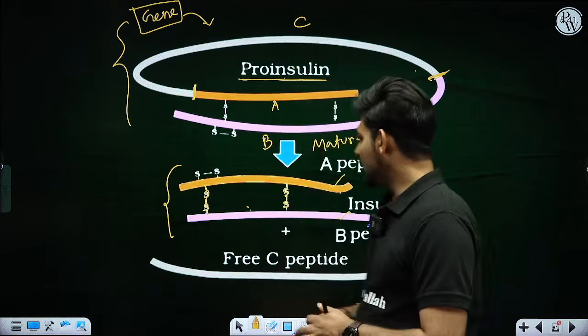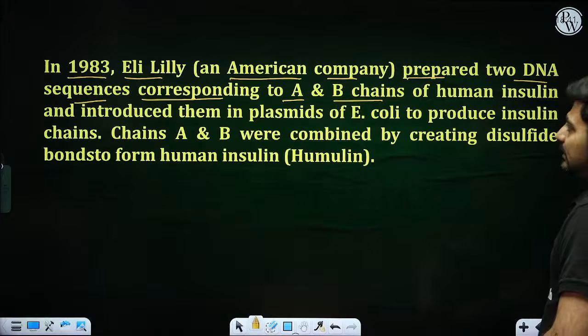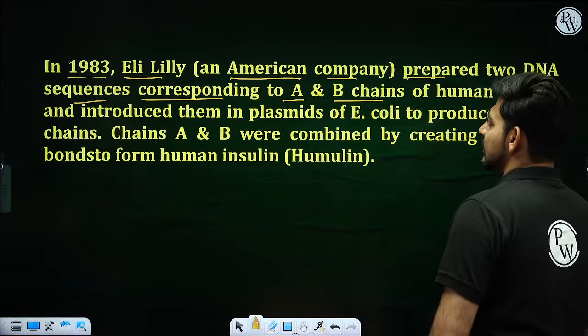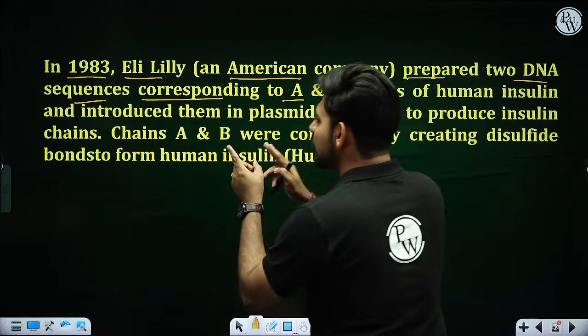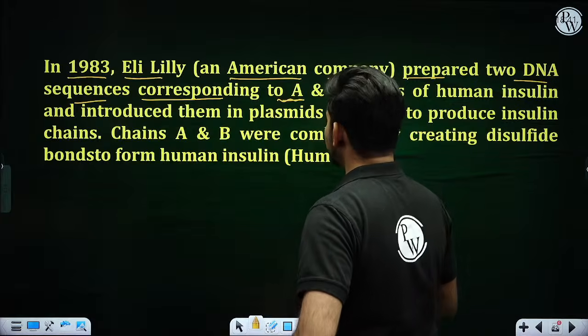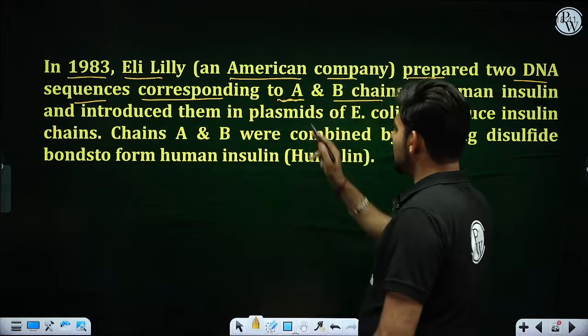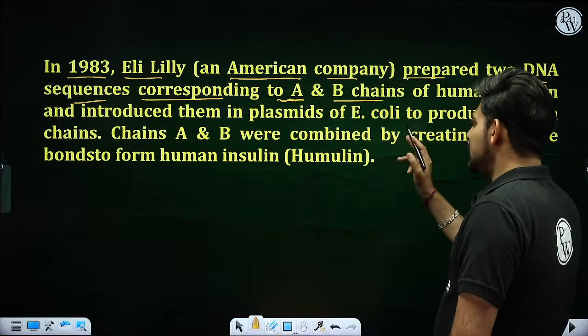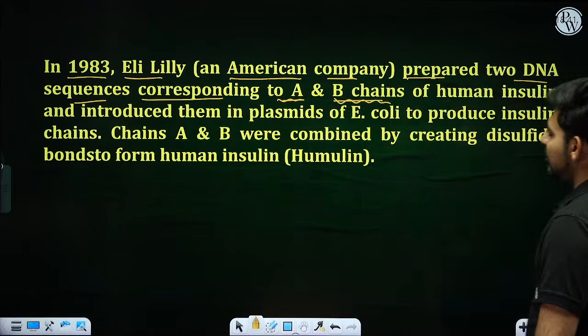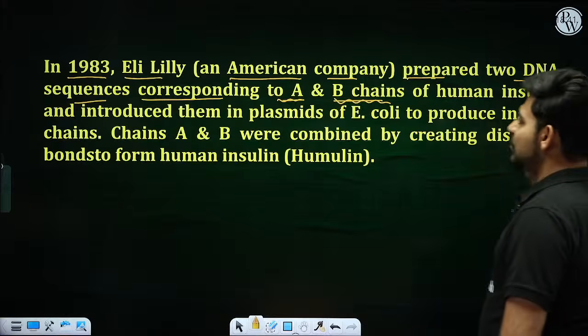So what the scientists of Eli Lilly did, they prepared two different gene sequences. One can produce the polypeptide chain A, and another gene can produce the polypeptide chain B of human insulin.